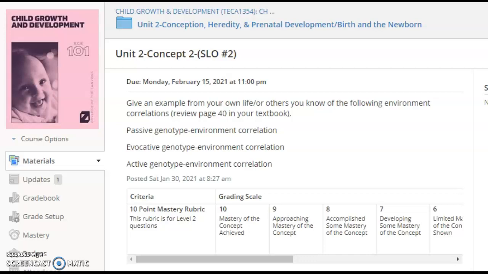That is the active genotype, because you're actively seeking out that environment to support a tendency that you have. It could be that you're always trying to get to the library to read books because you love to read, and that wasn't something that was available as frequently in the environment that you were in. So once again, the active genotype is the seeking out of an environment to support a natural tendency.